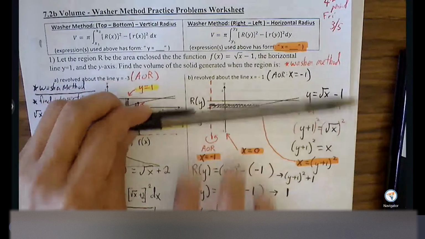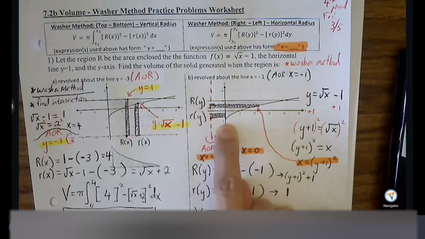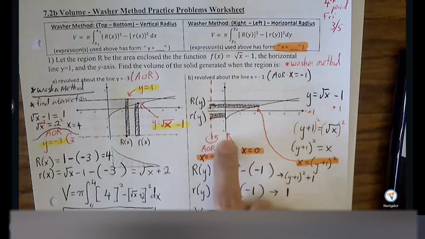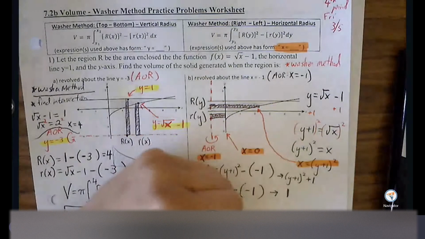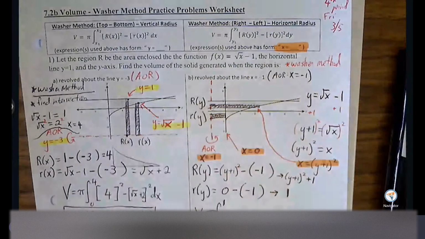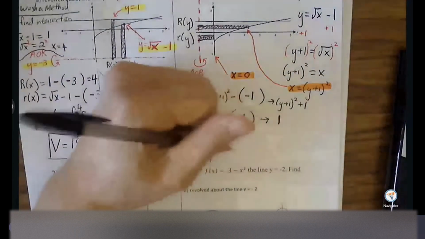All right, so what's the lowest y value that you see? Yeah, -1. We can tell by looking at the graph. We don't have to set anything equal. And what's the highest y value that we see? 1. So -1 to 1. Okay, let's build the rest of our formula here.